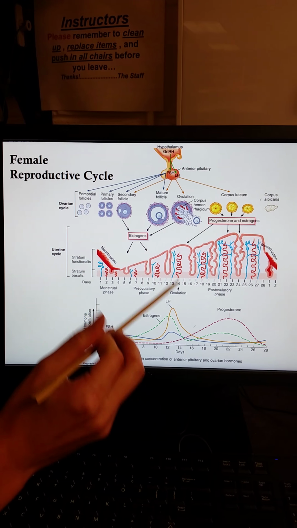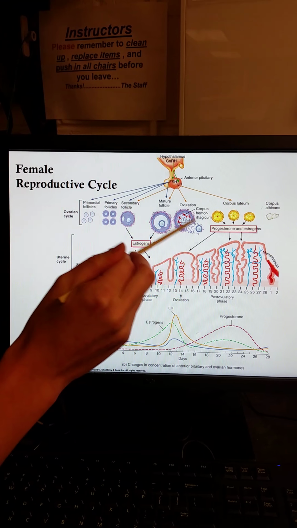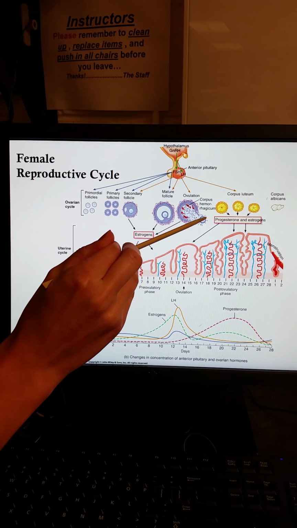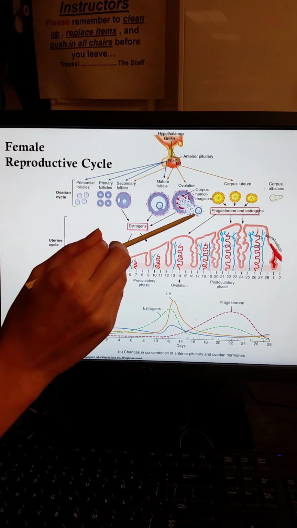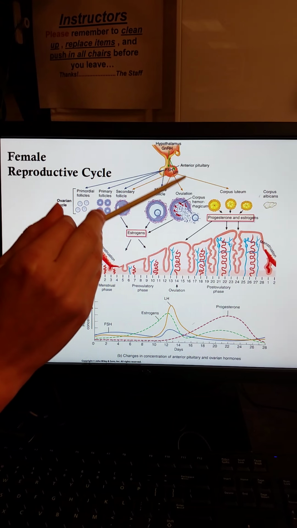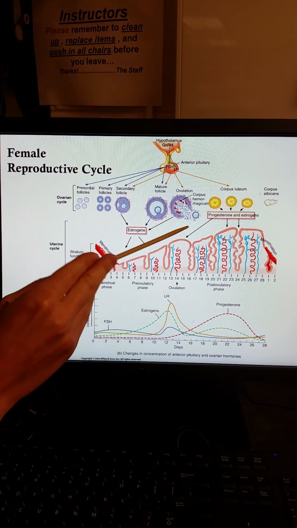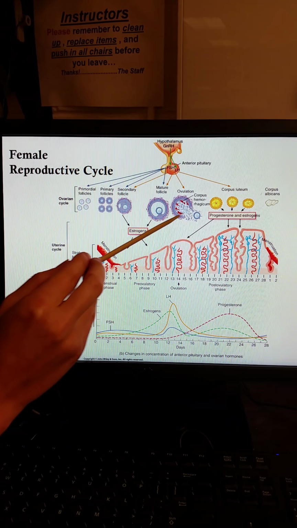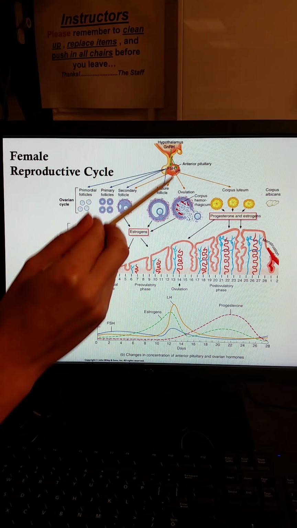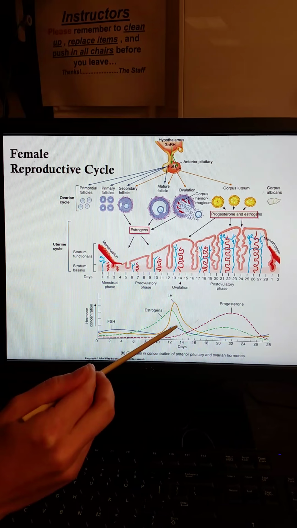And it also causes ovulation, or the rupturing of this follicle. So you can see the secondary oocyte surrounded by the corona radiata ruptures, moves out of the ovary and into the uterine tube, where it may or may not be fertilized. And it leaves behind the rest of the follicle here, which becomes the corpus luteum. Those events are about day 14.